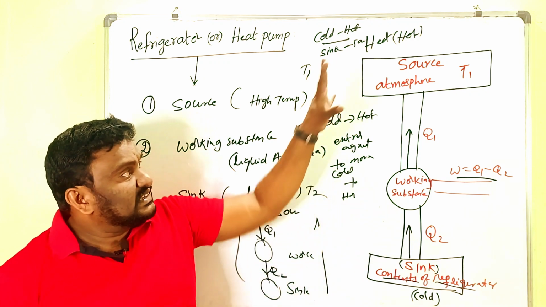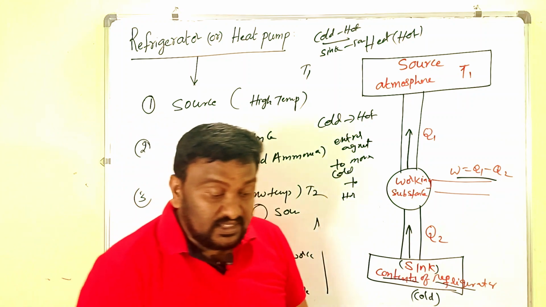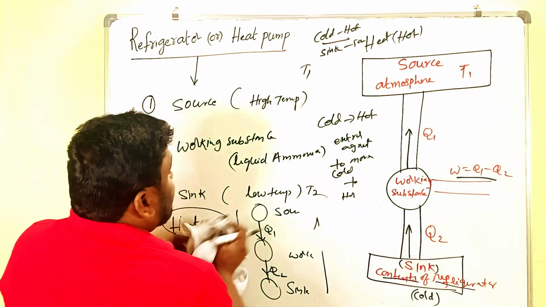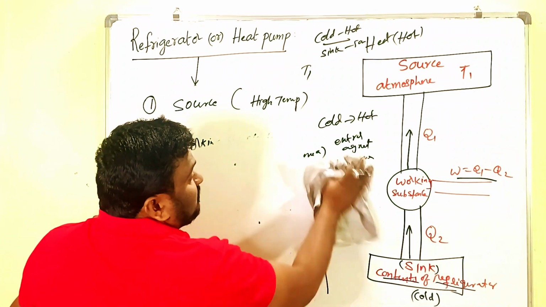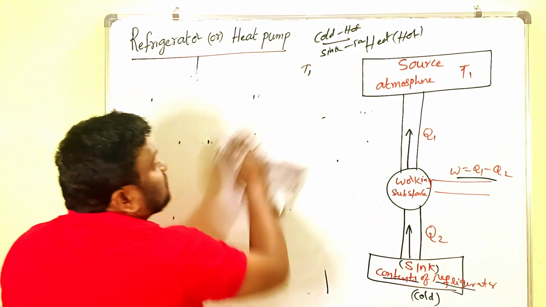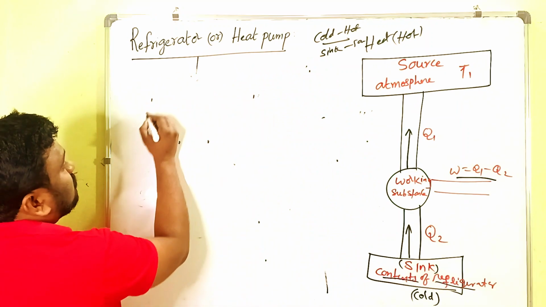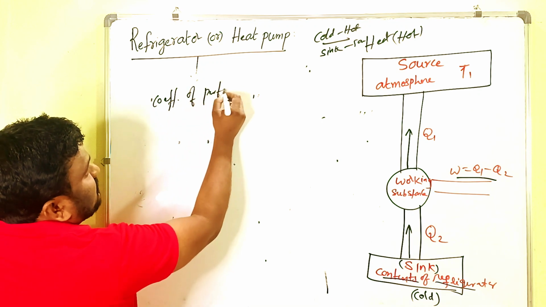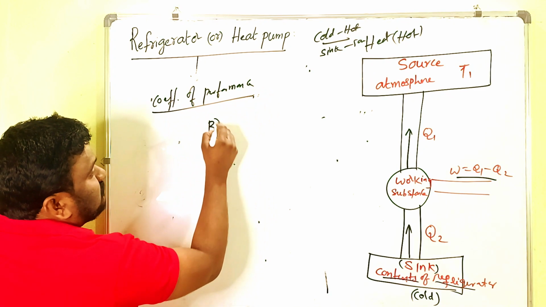So this is simply the direction of heat flow and how much work is done on the working substance. Now we have to find the coefficient of performance. For that, 1 mark is awarded, children, in a 4 marks question. What is the coefficient of performance? It is shown by the symbol beta.